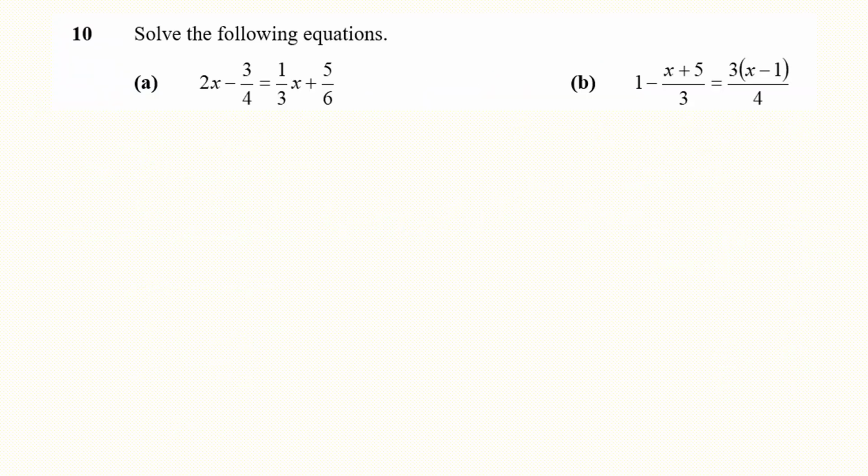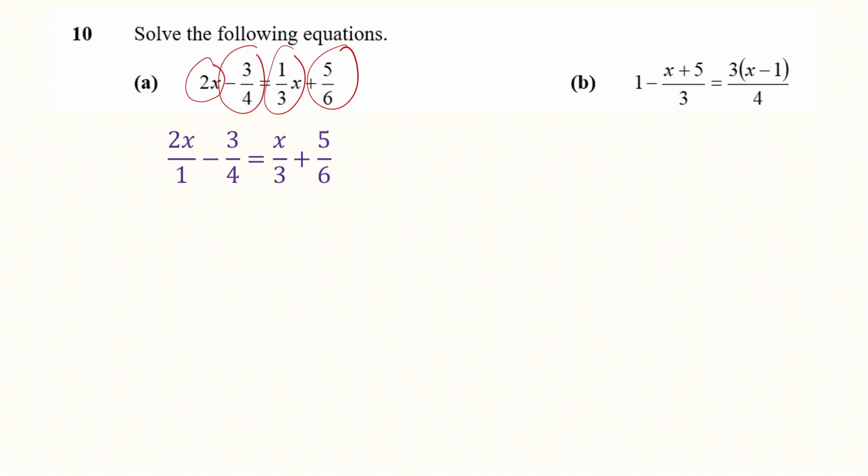Right, let's look at the next questions. The next questions involve fractions. There are altogether 4 terms here. We see that 2x is not expressed as a fraction, so we're going to write it as 2x over 1. And we're going to find the lowest common multiple of 1, 4, 3, and 6.